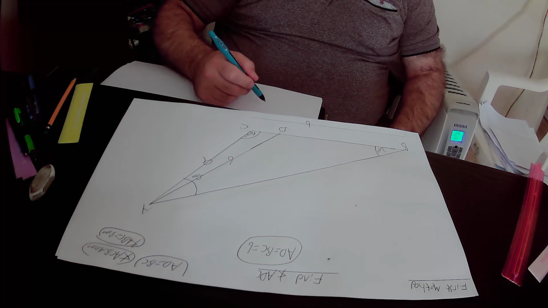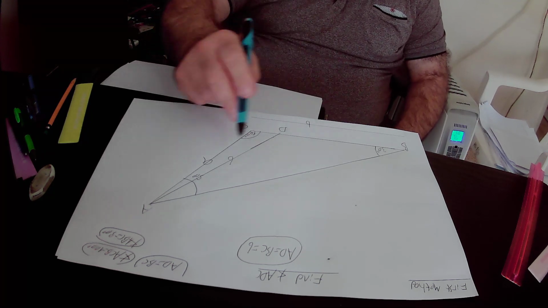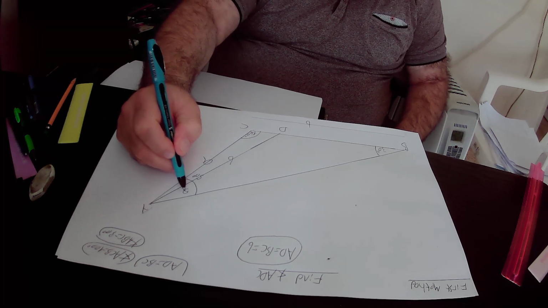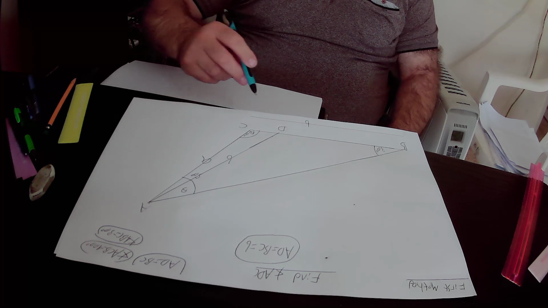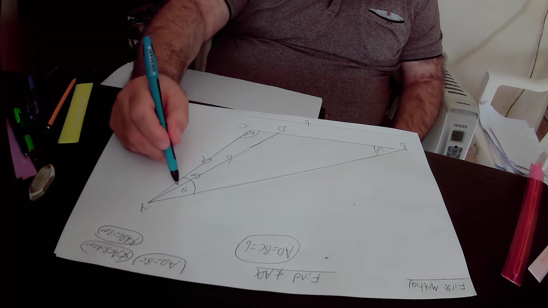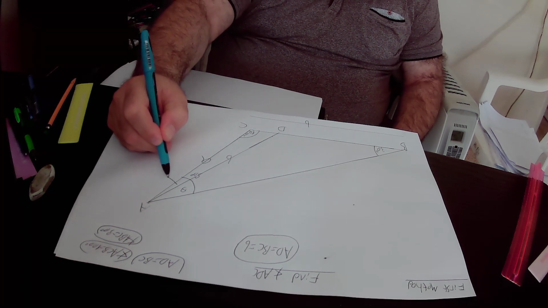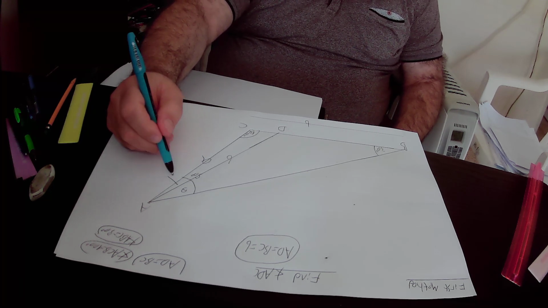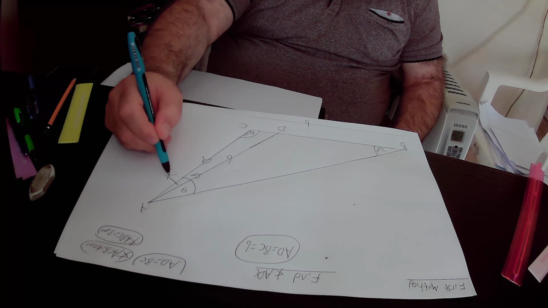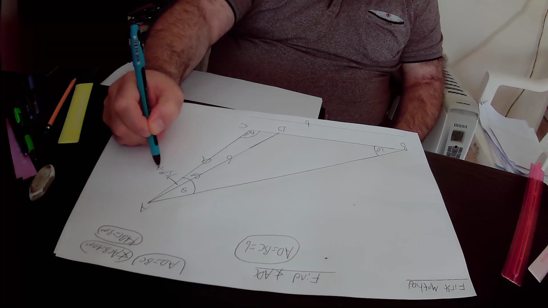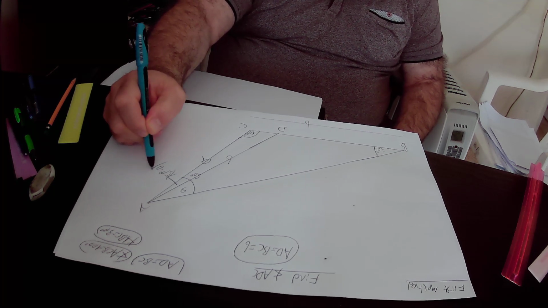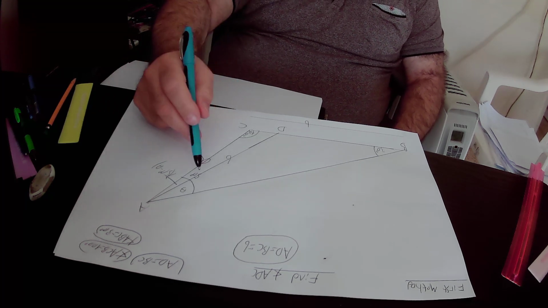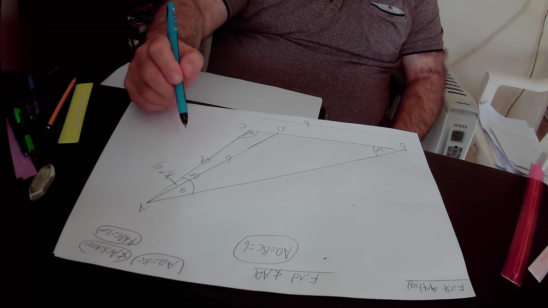And if we define angle BAD as theta, then the value of angle DAC will be equal to 50 degrees minus theta. I repeat, the value of angle DAC will be equal to 50 degrees minus theta.